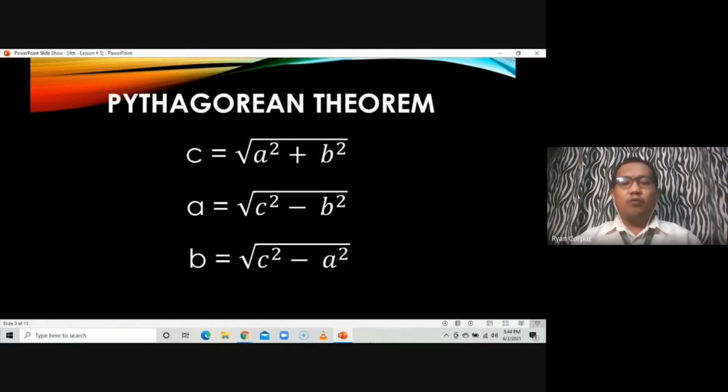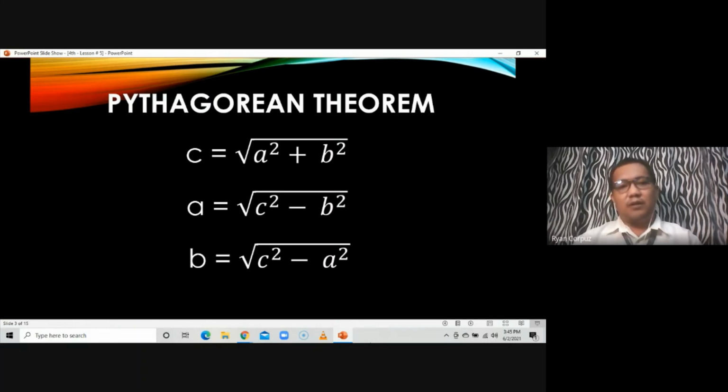So Pythagorean theorem states that the square of the hypotenuse is equal to the sum of the squares of its legs. So Pythagorean theorem is being used in order for us to find out the measure of the side of a right triangle given the two measures of its sides.